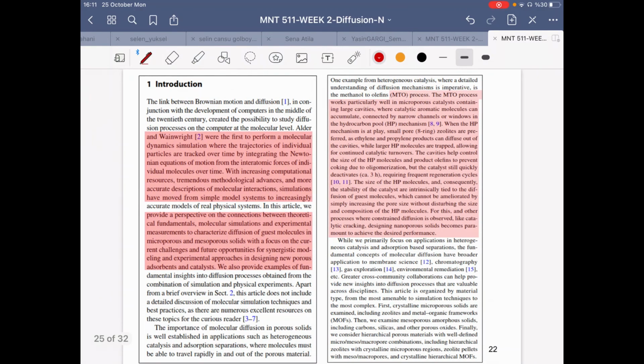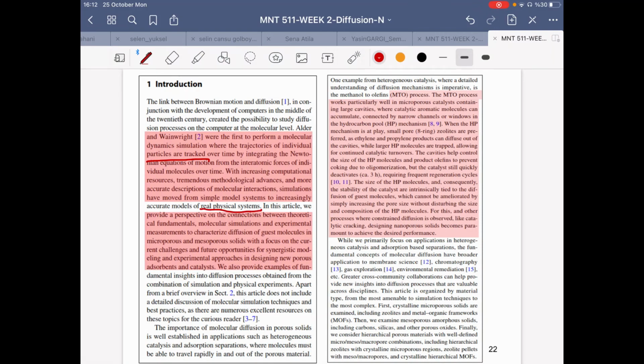What's important again here is, for example, there are some people who were the first ones to perform a molecular dynamics simulation where the trajectories of individual particles are tracked. They track these individual particles and see what they're really doing in these porous networks over time by integrating the Newtonian equations of motion from the interatomic forces of individual molecules over time. With increasing computational resources, tremendous methodological advances and more accurate descriptions of molecular interaction, simulations have moved from simple model systems to increasingly accurate models of real physical systems.